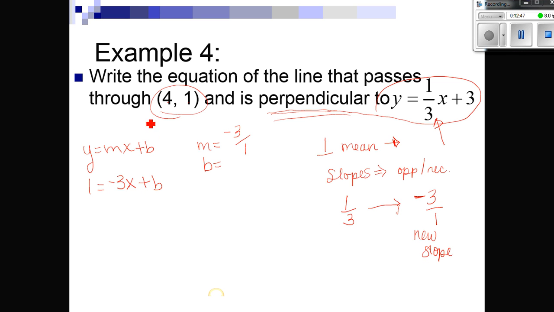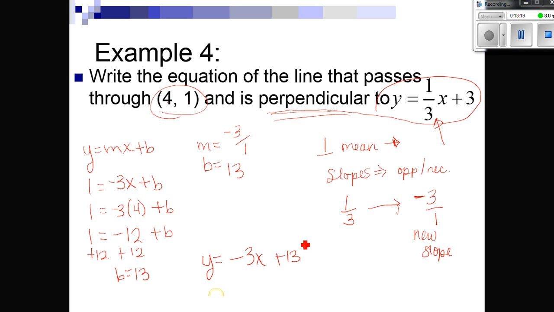Plug in our x from our random point. 1 equals negative 3 times 4 plus b. 1 equals negative 12 plus b. Add 12 to both sides, and we get b equals 13. So b equals 13. So the equation of this line, remember we always want to find the equation after we find the two key pieces of information, would be y equals negative 3x plus 13.